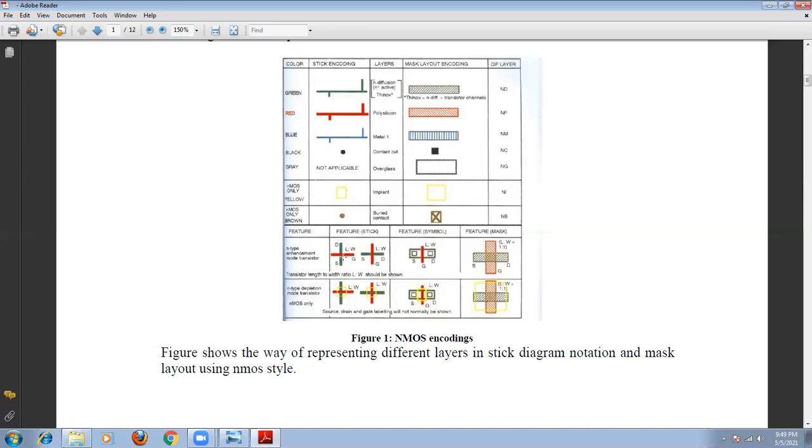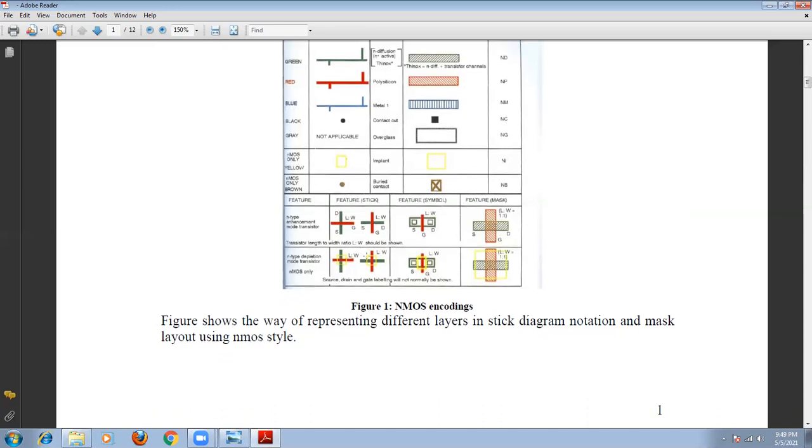If there is no crossing, you can draw like this only, but there is no transistor formed. So in order to form a transistor in the stick diagram, we must cross the diffusion layer with polysilicon. That is the main structure. So this is the structure of the transistor. Just observe here, this is the N diffusion. What type of transistor? The N channel.